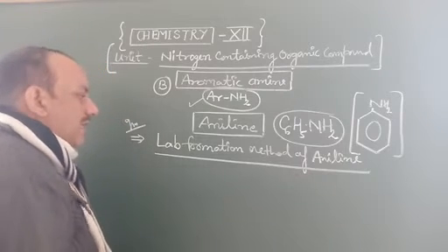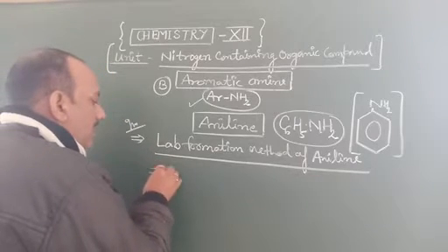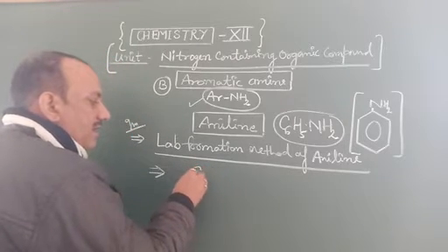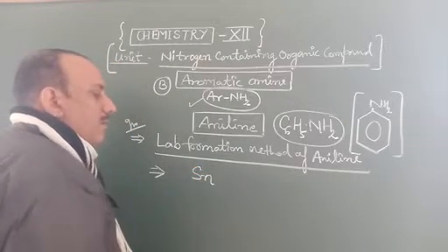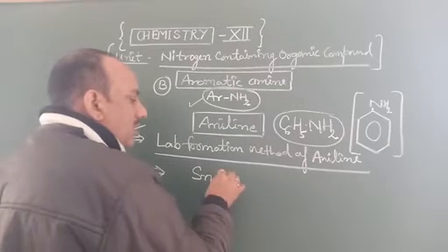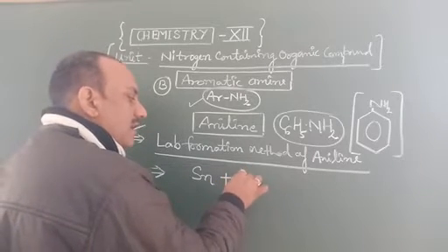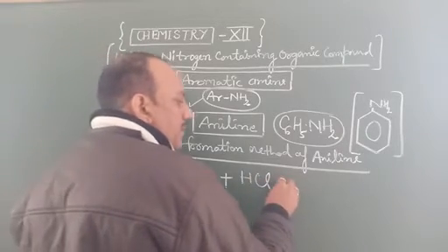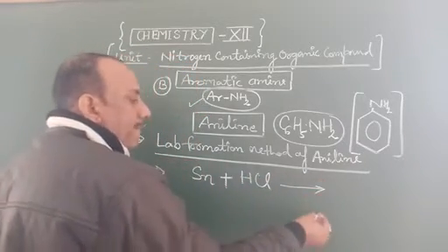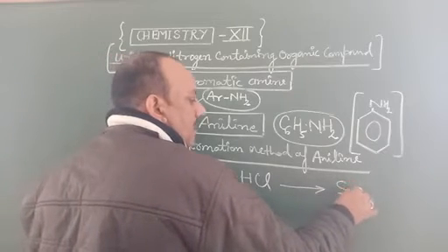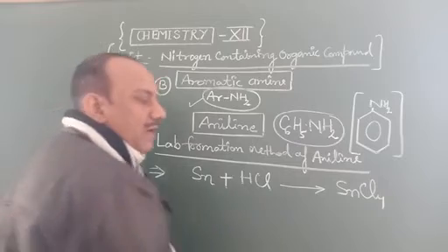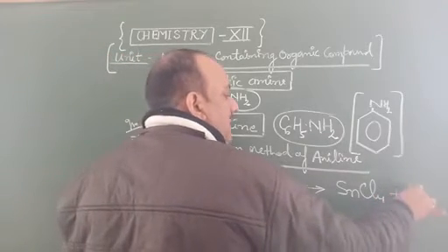So we take their chemical reaction. The formula of tin is Sn. It reacts with hydrochloric acid HCl to form stannic chloride SnCl4 and hydrogen H2.